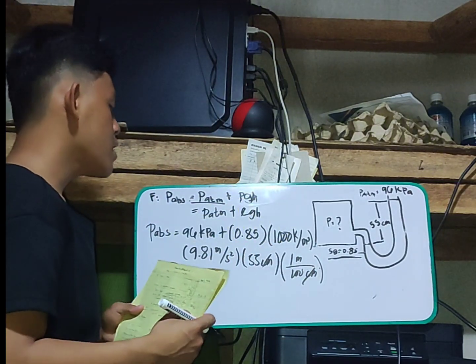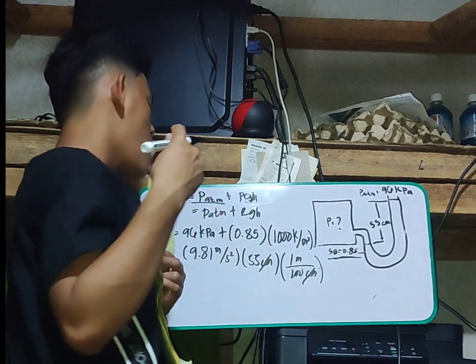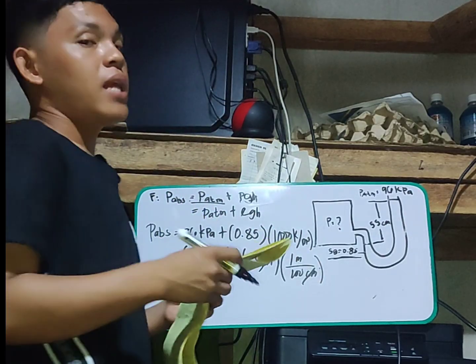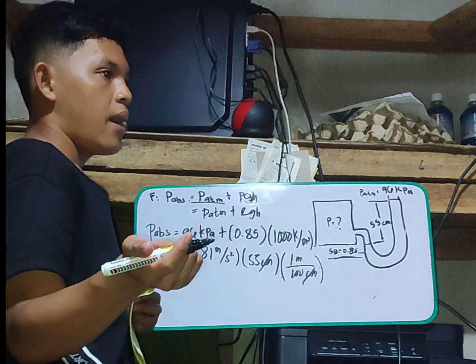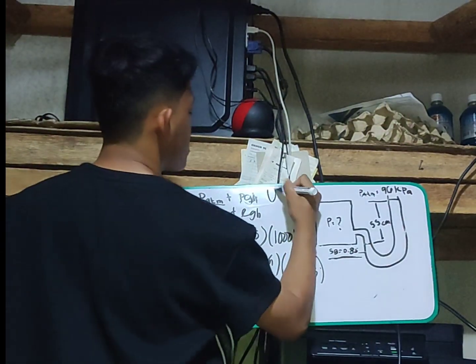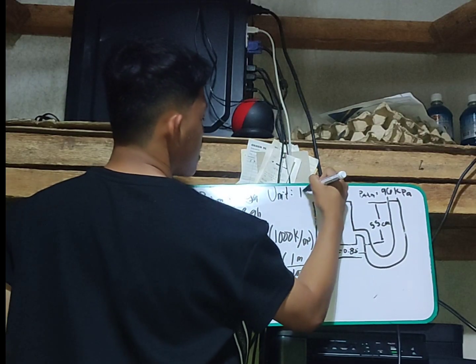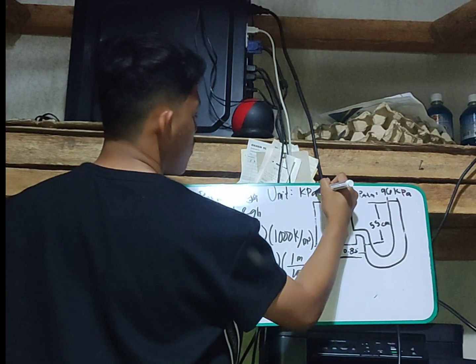So, as you can see, nag-cancel out tayo. So, next na gagawin natin, i-determine natin kung ano yung unit. Always remember guys ha, na ang unit pala na gagamitin natin dito is kilopascal. So, paano nga ba?